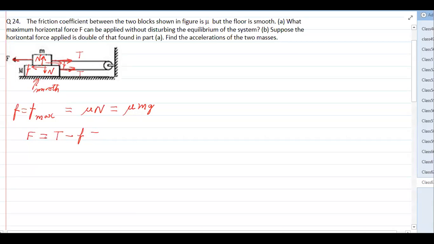So better we can write it like this for small m, and similarly for large m, there is tension and there is friction: tension rightward and friction leftward. So these are the two equations. Now you can replace the value of tension. This is equation 1, this is 2.